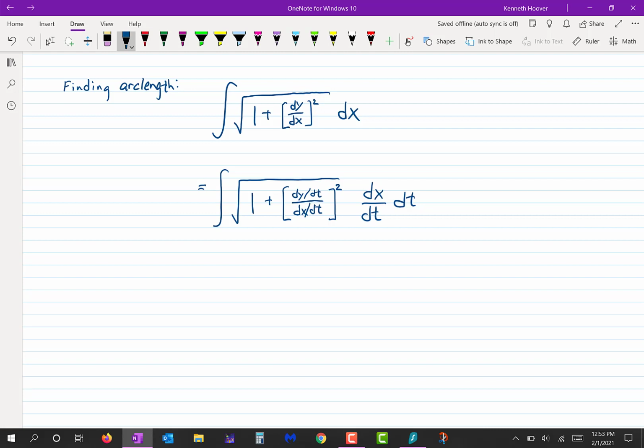Now we're just going to do a little bit of simplifying, that's all. I want to factor something out of the square root.